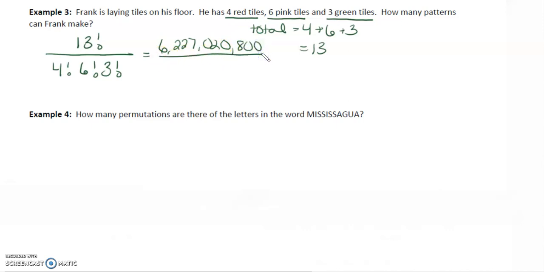And then if we do 4 factorial times 6 factorial times 3 factorial, all in one shot, it should fit in your calculator: 103,680. And then if we divide out, we are going to get 60,060 patterns.